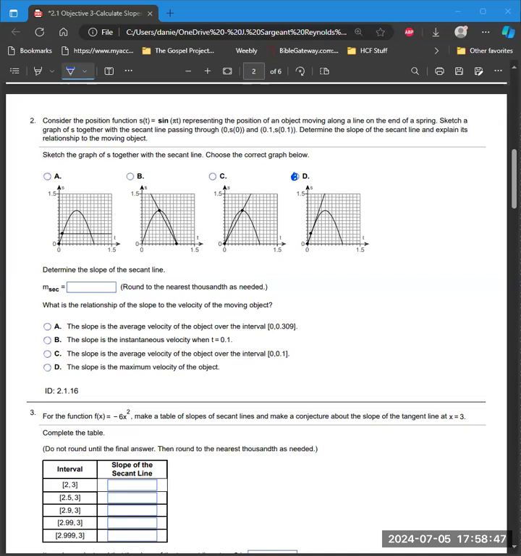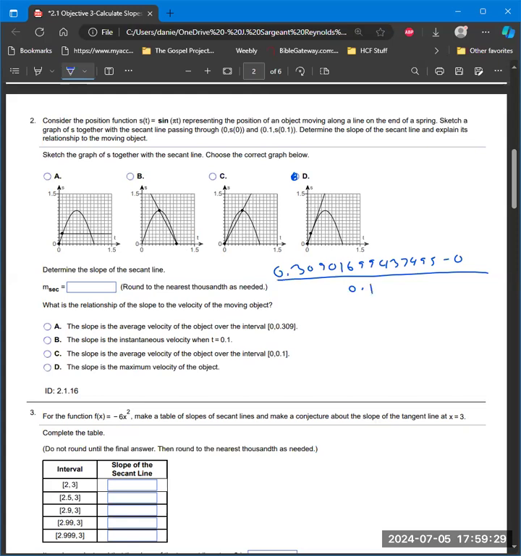All right, so let's find the slope of that secant line now. It's going to be S of 0.1, which is a big number here, as best that the calculator can get it, minus 0 over 0.1.